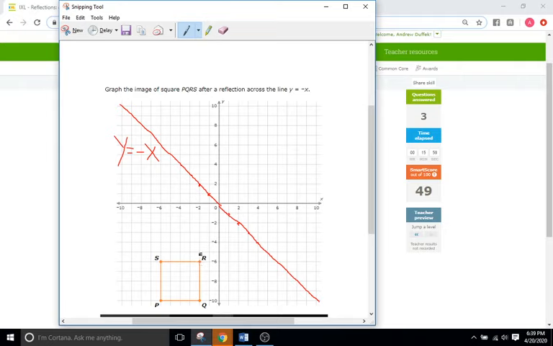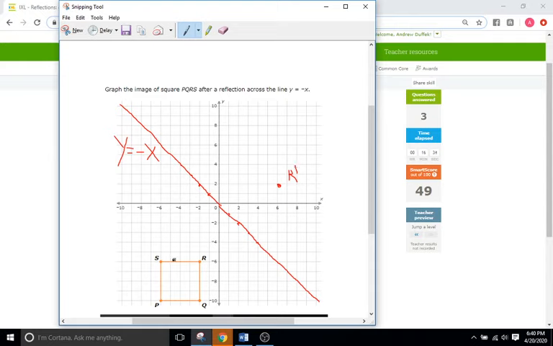So R is going to be 1, 2, 3, 4, 5, 6, 7, 8. But instead of continuing up 8, we're now going to change directions. We're going to go 1, 2, 3, 4, 5, 6, 7, 8 in the x direction. So we started in the y, the up and down, the vertical, and then we had to switch to the horizontal, left to right, in this case. Okay, so we just reflected R over there, R prime.